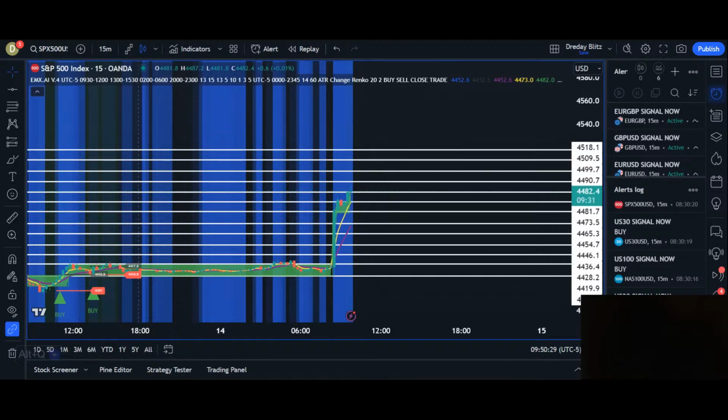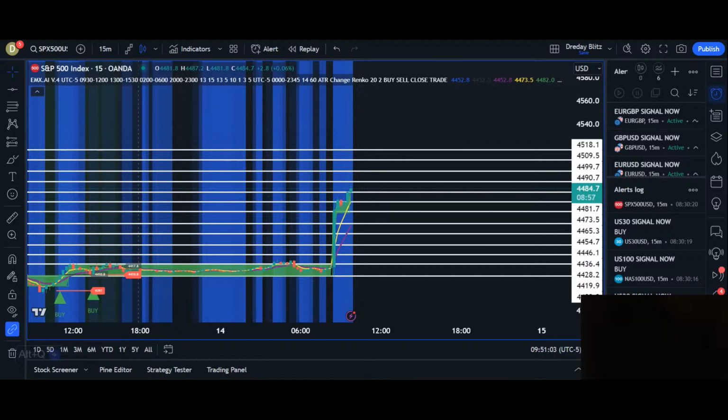If you missed the start of the live, I was saying that there was some CPI news. So every time there's news, make sure that you plot your lines in the upside and the downside. And if it breaks the zone, that means that it's going in one direction.